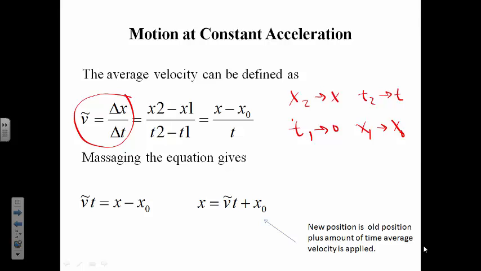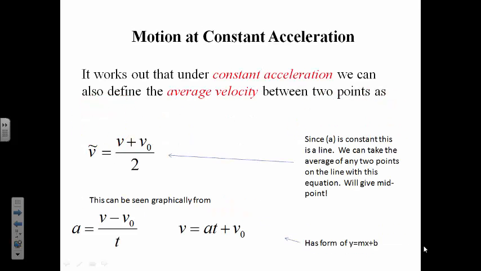We can move the t to multiply the average, so x minus x0 is the average velocity times t. So our new position is equal to our original position plus our average velocity times the time. Using these new notations, we're going to derive some equations that explain our position and velocities, our equations of motion in 1D under constant acceleration.